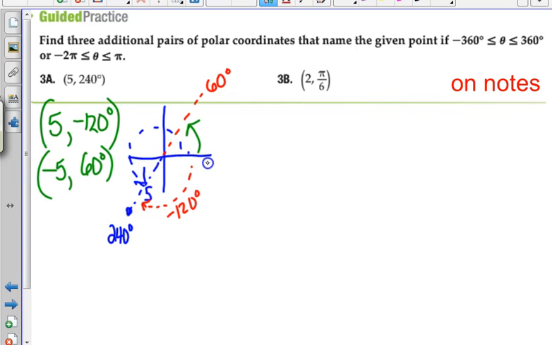Or if I went negative, I'd have to go negative all the way around to here, which is negative 300. Because this would be 60, so this is 300. And if I did that all the way around to there, I'd still need to back up 5.